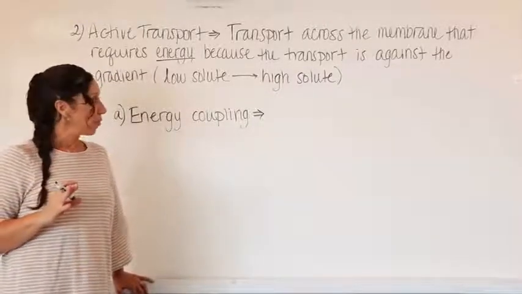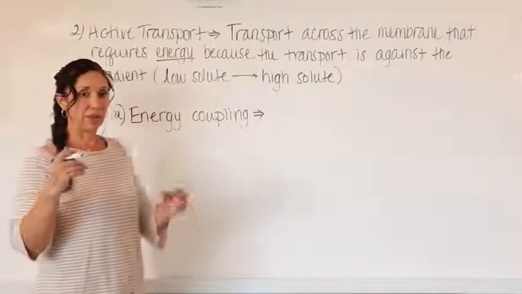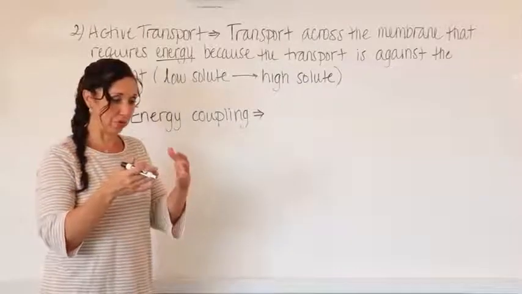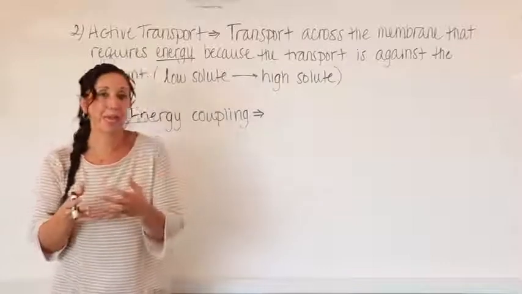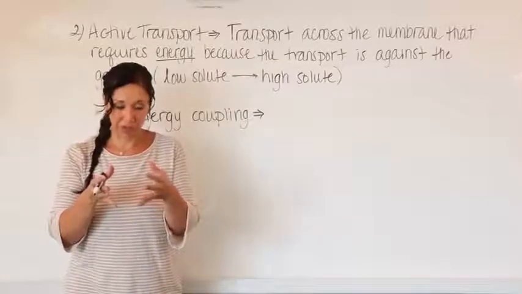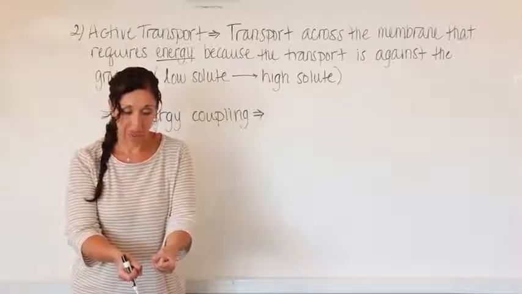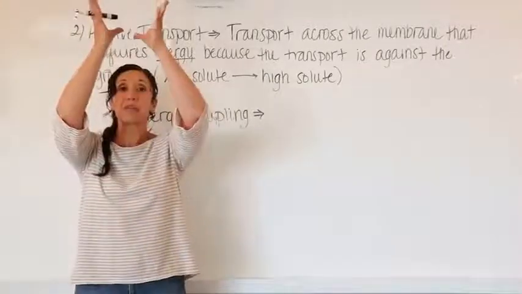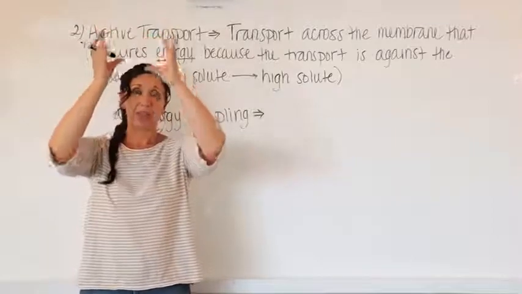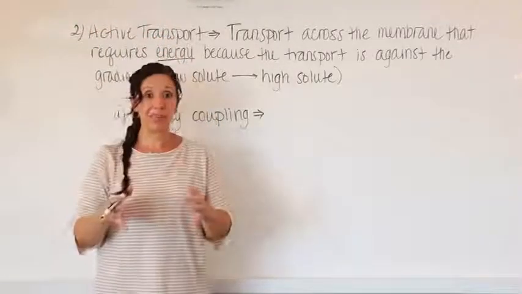What's actually truly happening in the cell membrane is that a protein grabs something in a low concentration and moves it across the membrane to a region of high concentration. That movement of the protein is pretty neat.